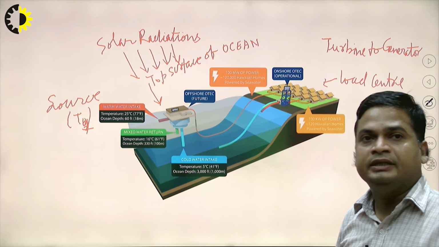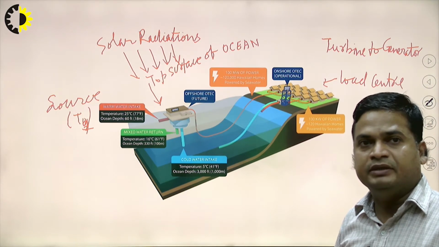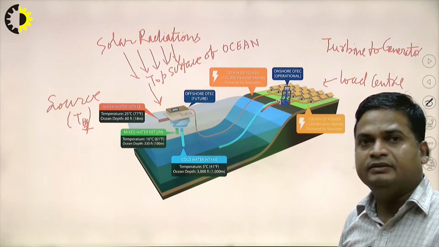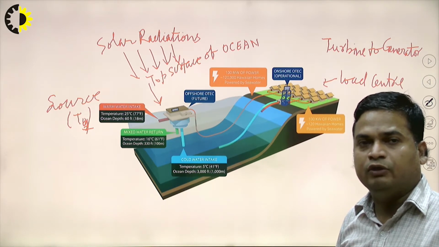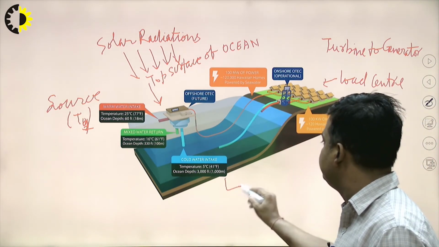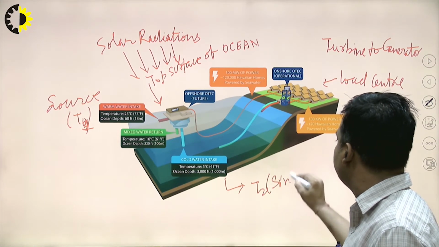After that, the pressure of the vapor of the working fluid is reduced, and this vapor is converted into liquid form by using the cold water. This is T2, that is the sink.